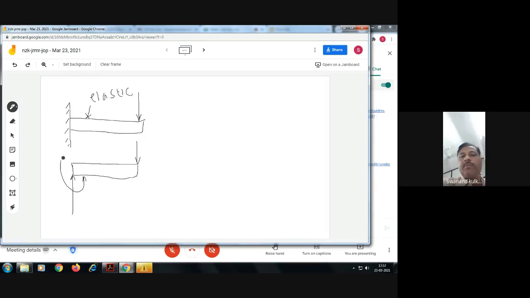This particular force will generate a moment in the clockwise direction, and in order to balance this, one anti-couple, a couple in the opposite direction, is required, and this couple is shown with the help of this arrow.